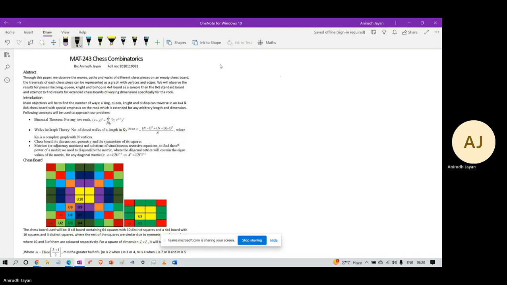Okay, so in this presentation, we will observe the moves, paths, and walks of different chess pieces in an empty chessboard of varying dimensions.